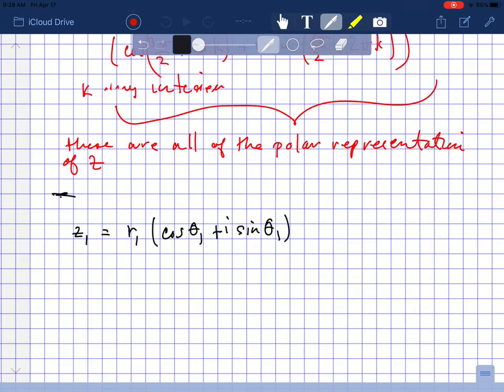So this is a polar representation of Z sub 1, and I have a second complex number, Z sub 2, and it has the polar representation R sub 2 times the cosine of theta sub 2 plus I times the sine of theta sub 2.